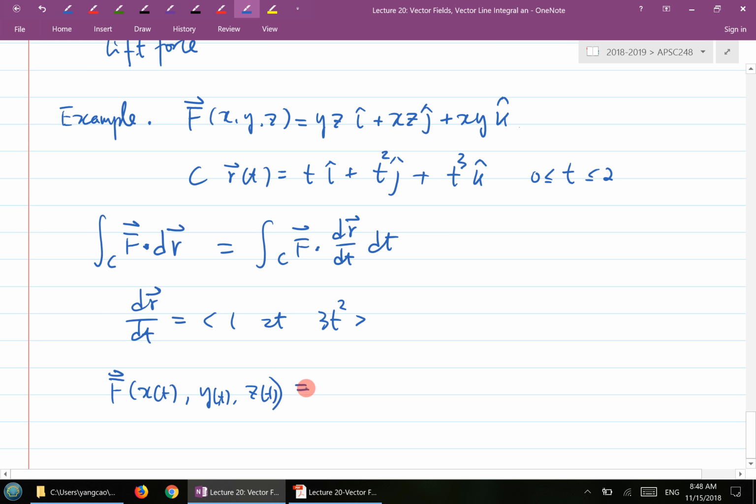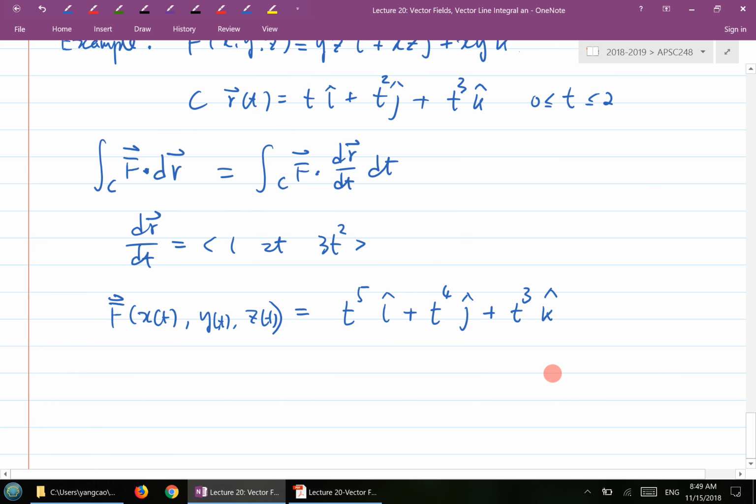In this case, we replace y with t squared, z with t cubed, and x with t. With this replacement, you get t to the power 5 i hat, then t to the power 4 j hat, and x times y, t to the power of 3 k hat.